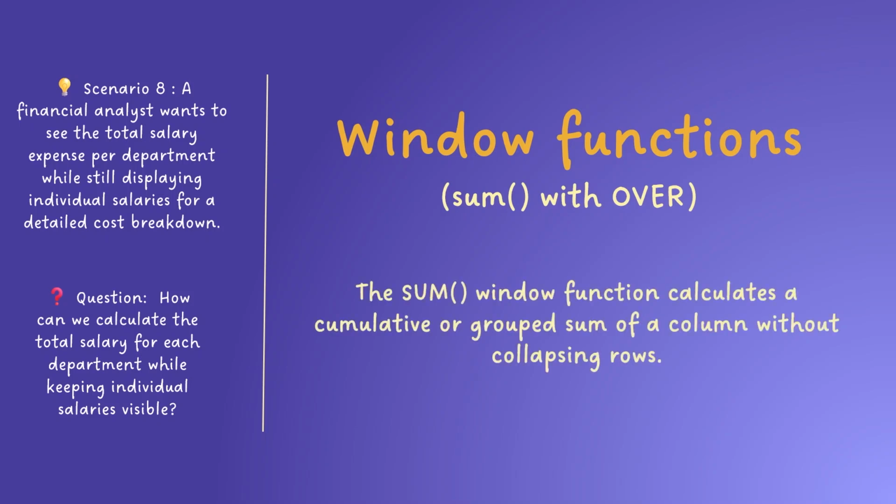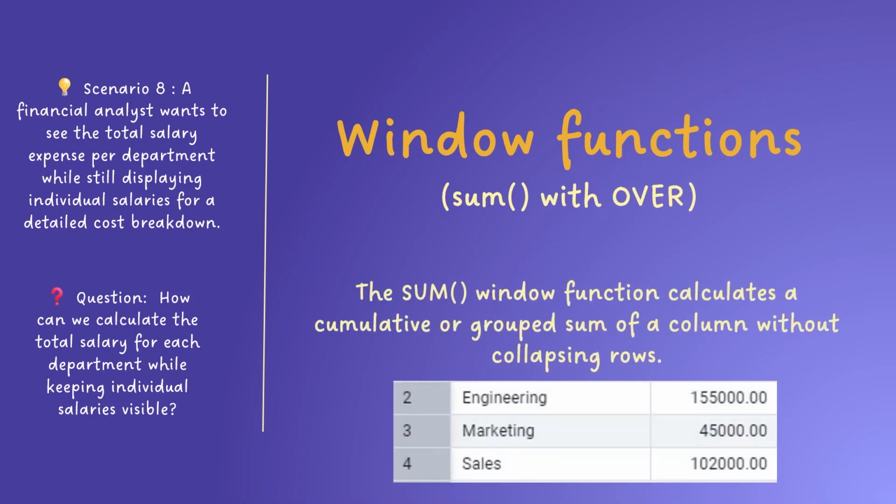The expected output that we want is engineering's total salary, marketing total salary, and then the sales total salary. That is what we need. And since engineering is mentioned multiple times, we need it multiple times, because it preserves the columns without collapsing the rows.